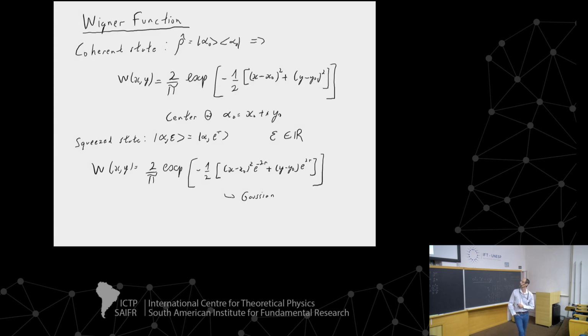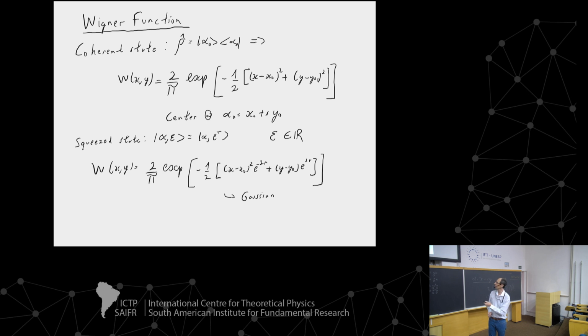So if you look at the Wigner function for a coherent state, what you have here in your calculation will be a Gaussian centered at a given position in your phase plane. So it looks pretty much like what we had with a Husimi Q distribution, but a bit narrower.